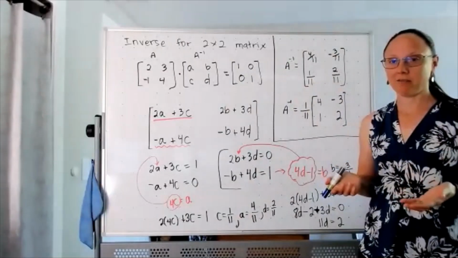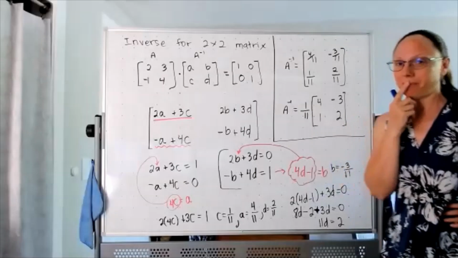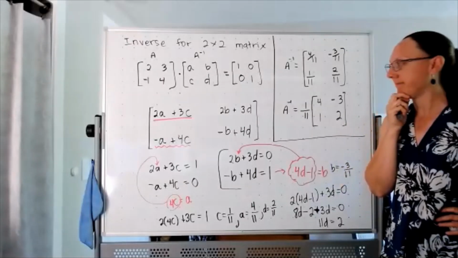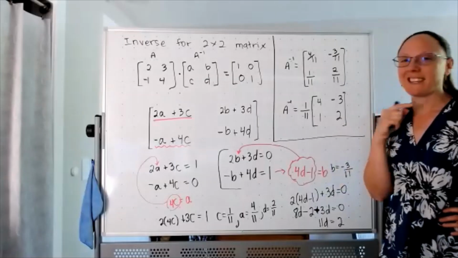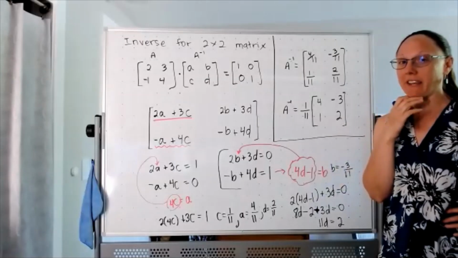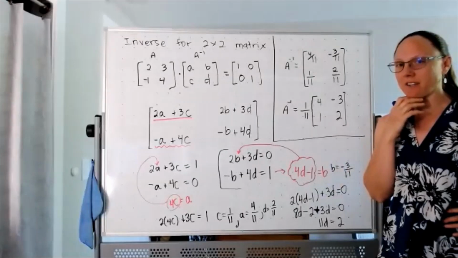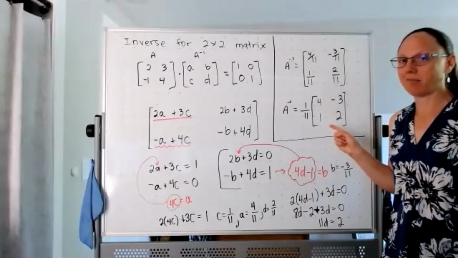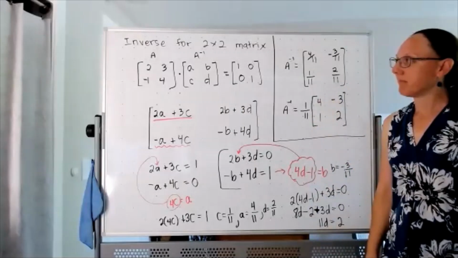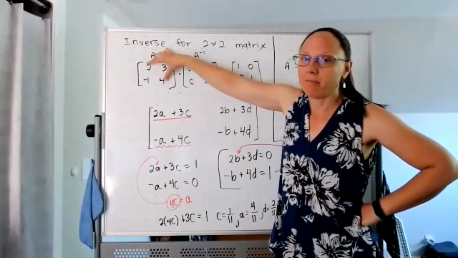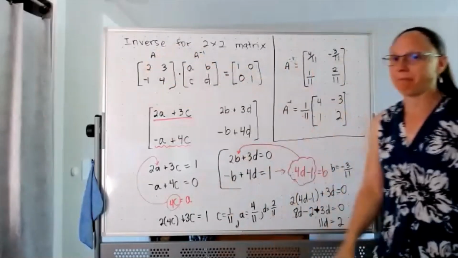Well, it turns out that if you employ some cleverness, the same pattern repeats itself every time we're finding the inverse of a 2 by 2 matrix. This part right here, you just take the numbers on the diagonal and you swap them.